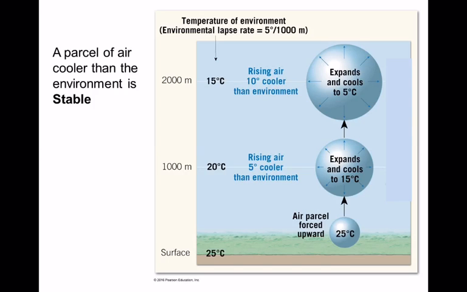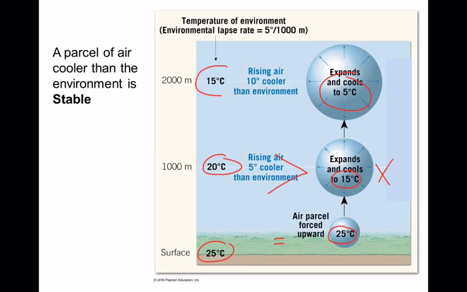And then what you need to do to understand its stability or instability is compare this temperature over here, do kind of like the hot air balloon check. Now they're equal. Here it is actually colder. If this is colder, then this does not want to rise.